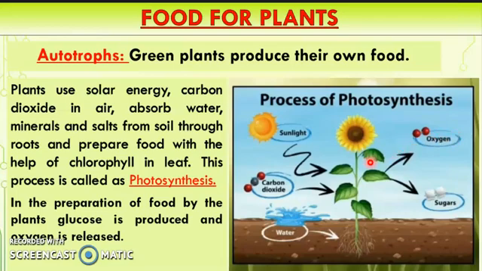Understood? During daytime, they take in the carbon dioxide and release oxygen. Now that is why they prepare. Are they eating any other things? No, they are taking the natural components in their environment and they prepare this food for themselves.